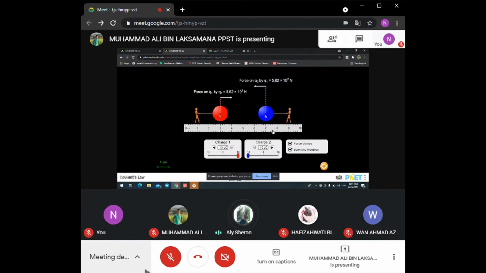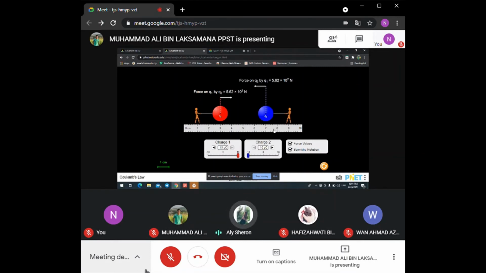The force of charge 1 on charge 2 is 5.62 times 10 exponent 2 Newton, and the same goes for the force of charge 2 on 1. Based on this simulation, the force is attractive.